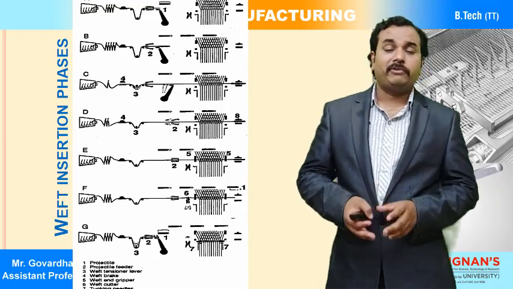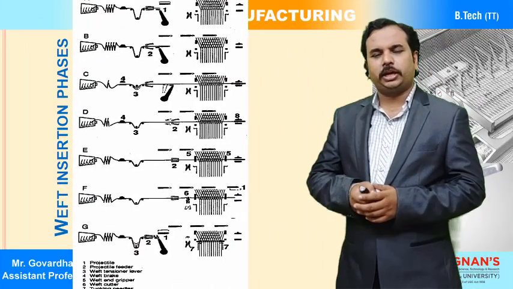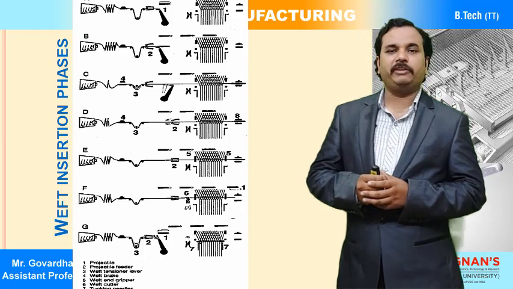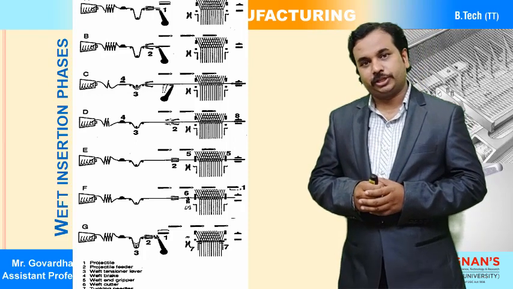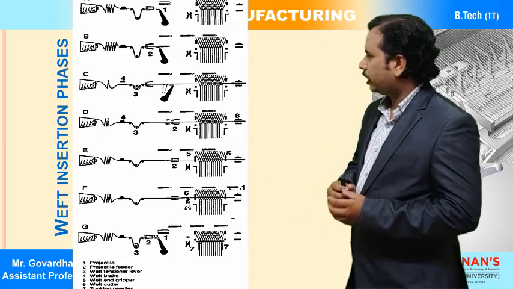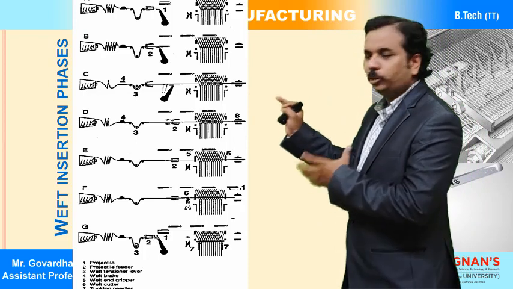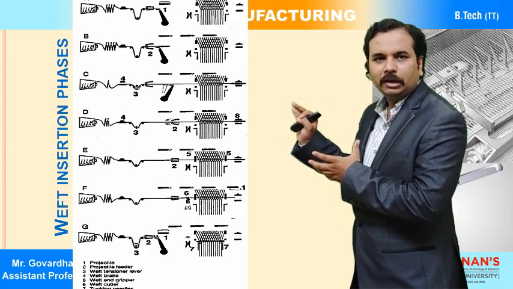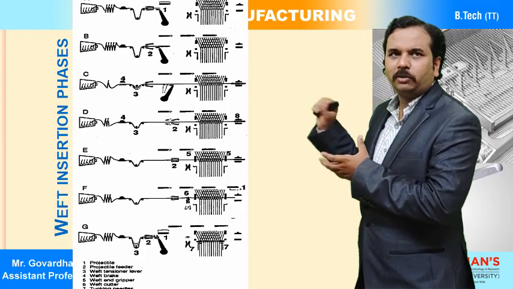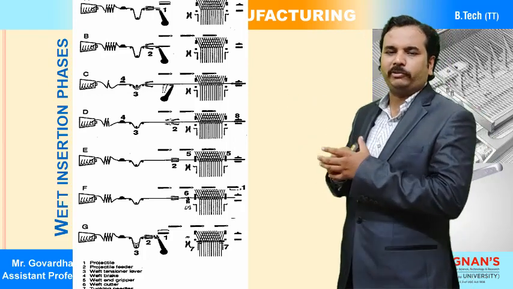What are the weft insertion phases? From the given image, you can observe that there are 7 different phases of weft insertion. There are different parts: a weft package, and an accumulator or weft reservoir, which preserves the weft content, that is 2 to 3 pick lengths of weft yarn.